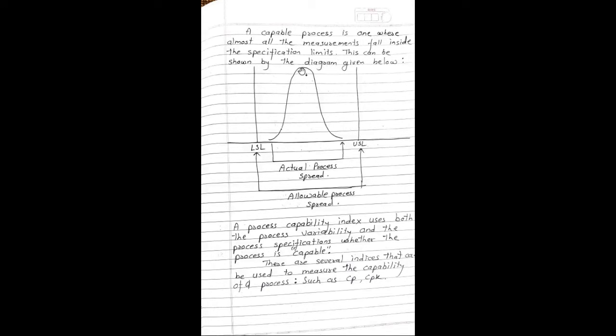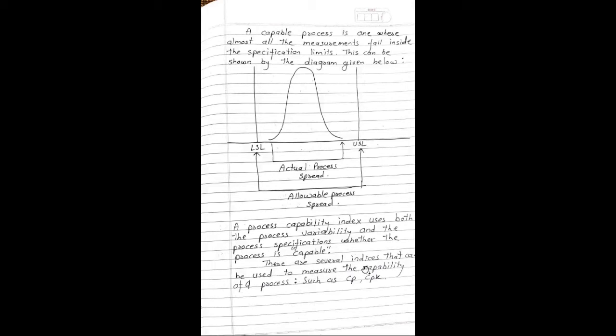This can be shown by the diagram given below. See, this is the diagram. We have lower specification limit, upper specification limit. Actual process spread is given by this normal curve, and allowable process spread is given by the difference between lower specification limit and upper specification limit. So a process capability index uses both the process variability and the process specifications to show whether the process is capable.